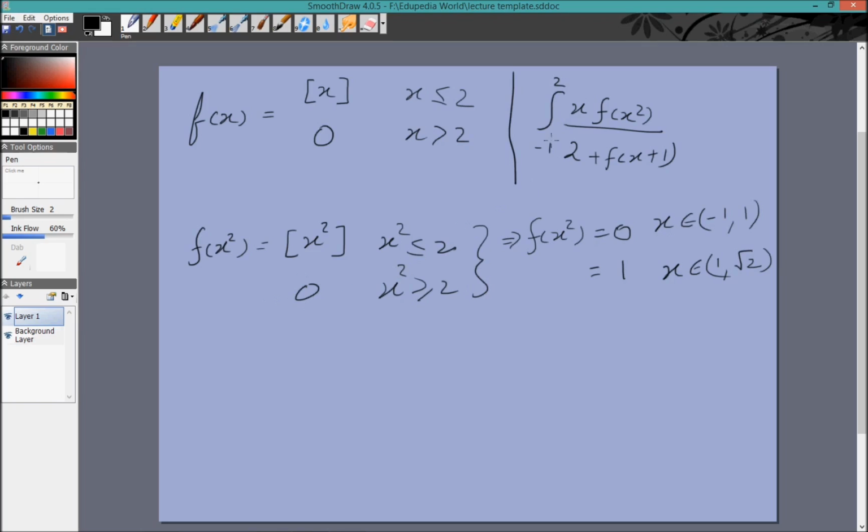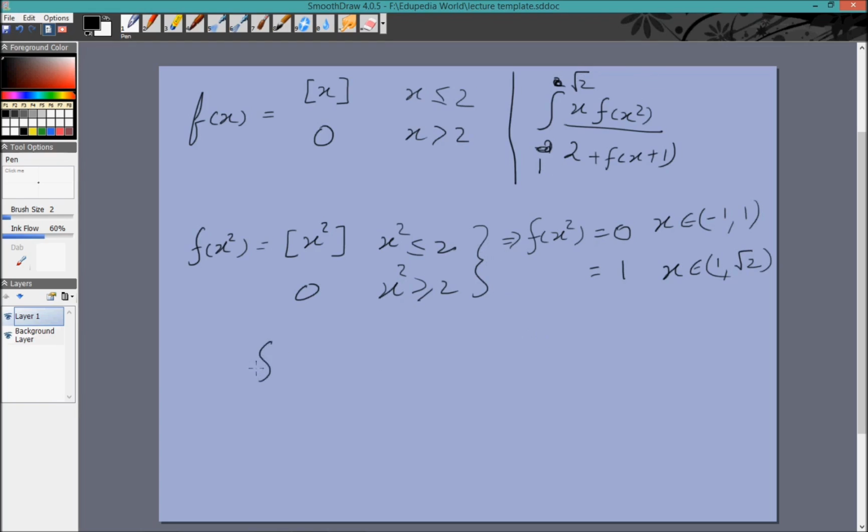So this whole integral might as well be written from 1 to root 2, because f(x²) is 0 in any other place, right? From -1 to 1, f(x²) is 0 because the greatest integer less than or equal to x² is 0, and beyond root 2, f(x²) is 0 because x² is greater than or equal to 2. So we need from 1 to root 2.